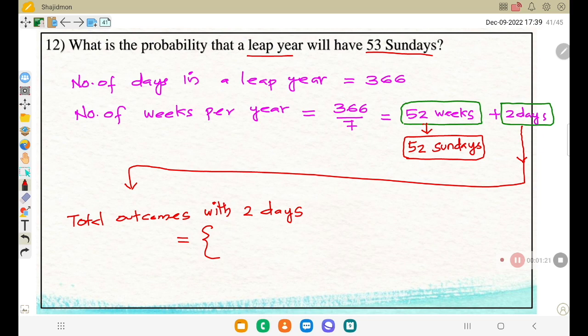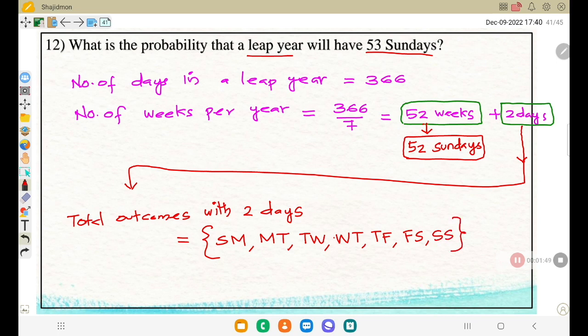Those 2 days will be either Sunday and Monday, or Monday and Tuesday, or Tuesday and Wednesday, or Wednesday and Thursday, or Thursday and Friday, or Friday and Saturday, or Saturday and Sunday.